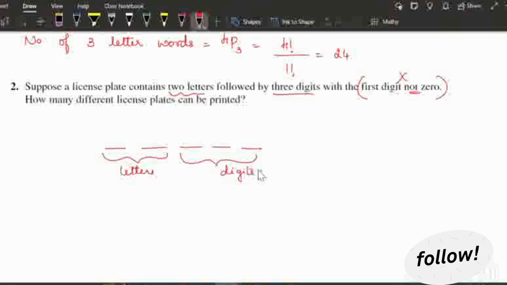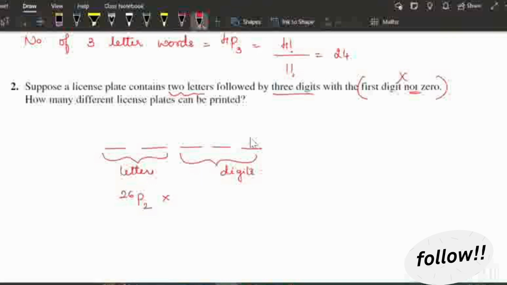And we have 26 letters, isn't it? So out of 26 alphabets, we can take any two alphabets for these two positions, which is going to be 26P2. So from 26 letters, we'll pick any two letters and arrange them. That is given in 26P2 ways.